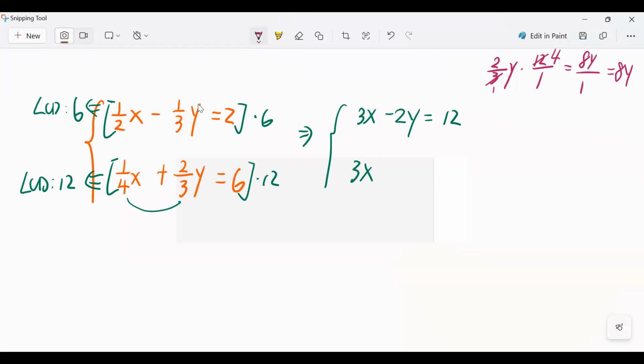So let's go back here: 3x minus 2y equals 12, and 3x plus 8y equals 72.